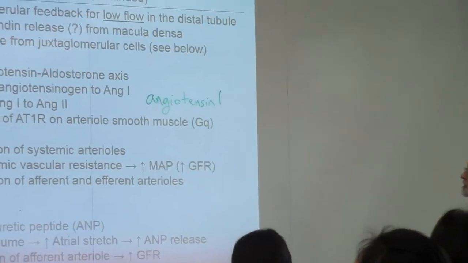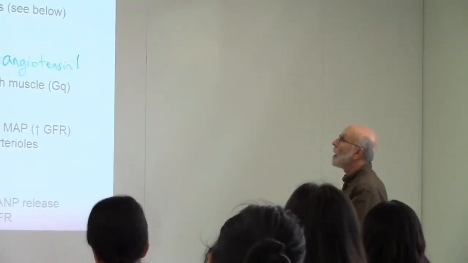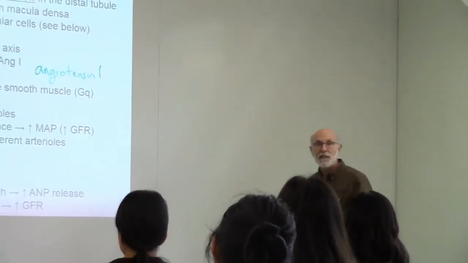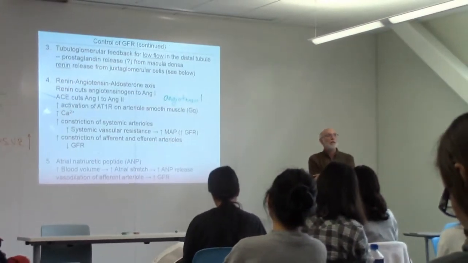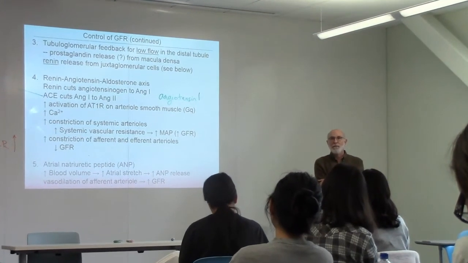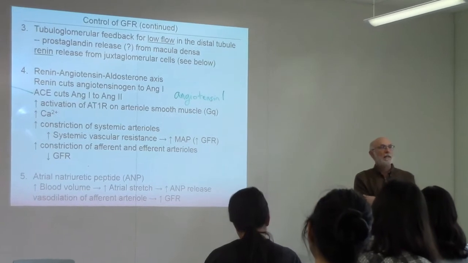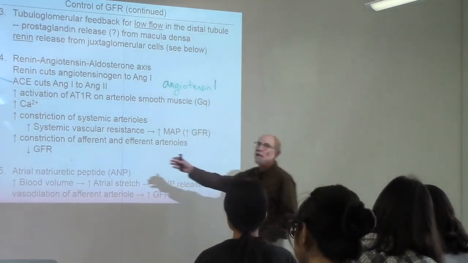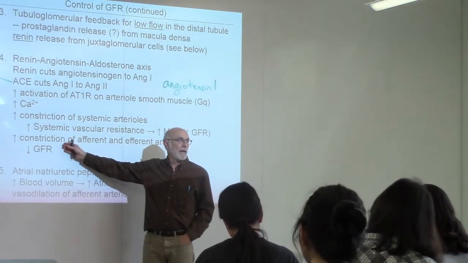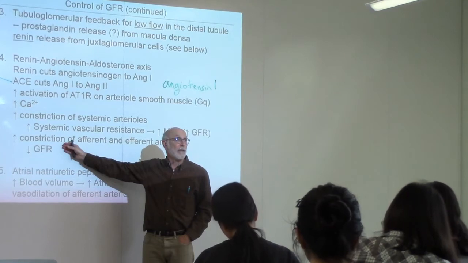So this is feedback because we started with low flow and we're going to decrease low flow. Low flow is almost always associated with dehydration. So the idea here is, if we're dehydrated, then we want to decrease GFR, because we don't want to filter the fluids that we're trying to conserve.